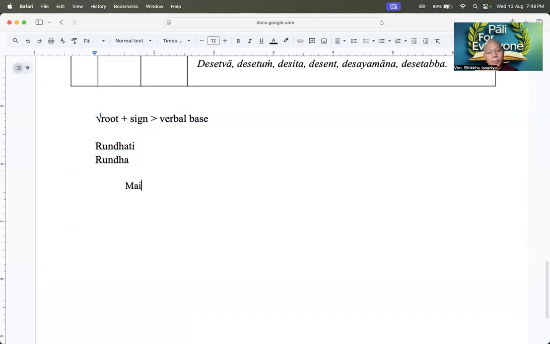One is the main verb or the independent verb. Main verbs are those ending in D, and D, and so on.